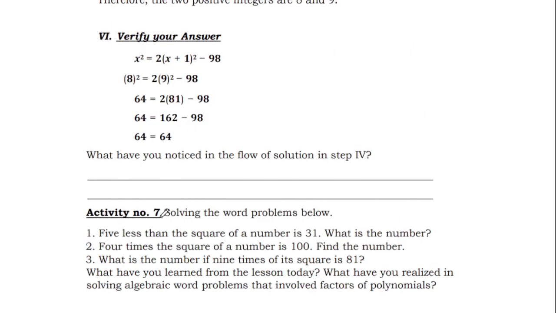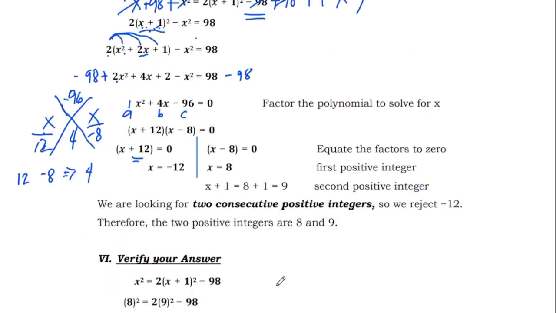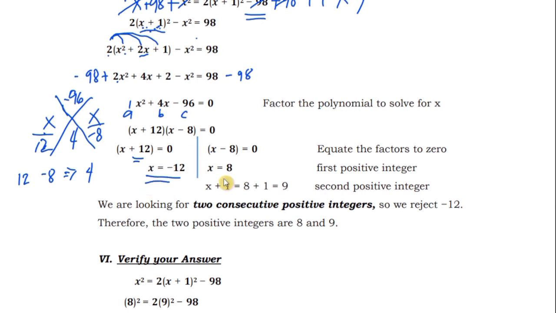So we reject negative 12, because what we are looking for is positive, while 8 is a positive value. So the first is 8 and the second is 8 plus 1, which is 9.